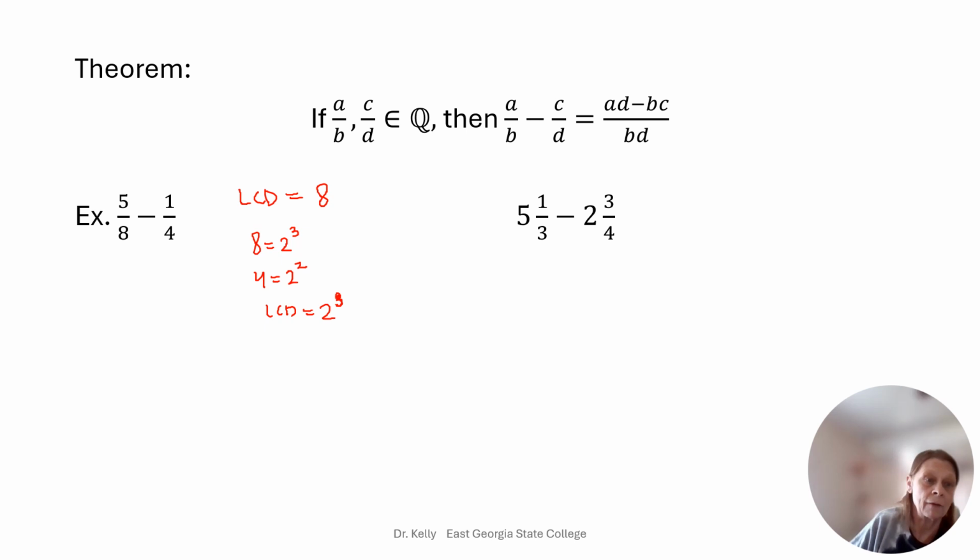So 5/8 stays 5/8, and 1/4 is equal to how many eighths? 2/8. Now we have 5/8 minus 2/8, which is equal to 3/8. Fractions do require more work. There is no lie about that.